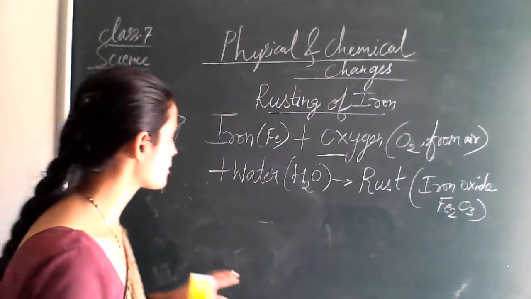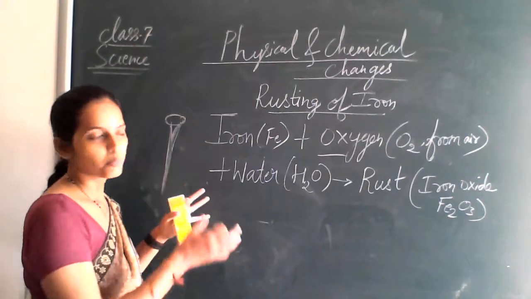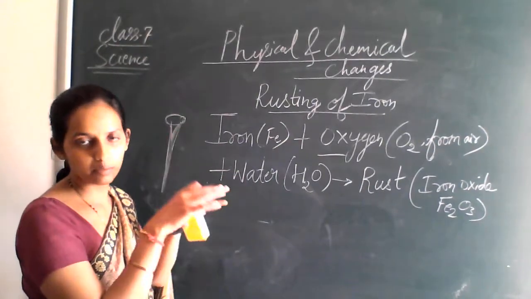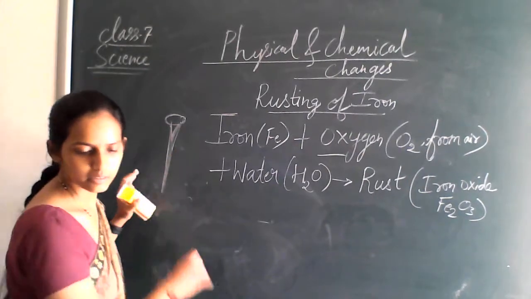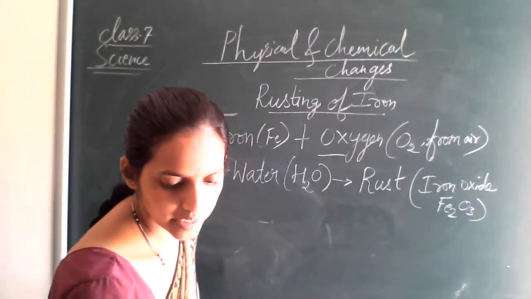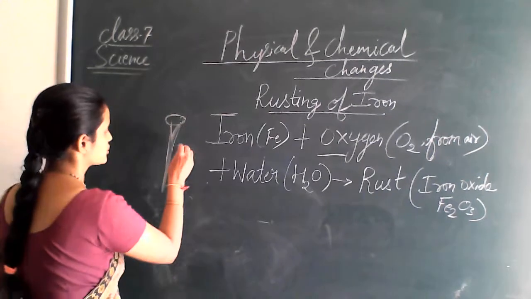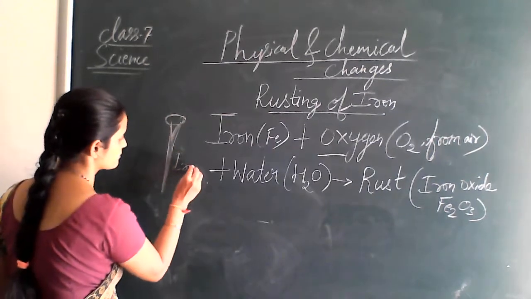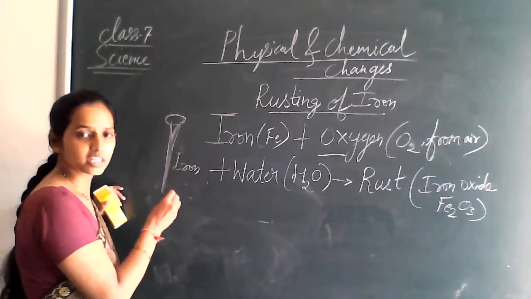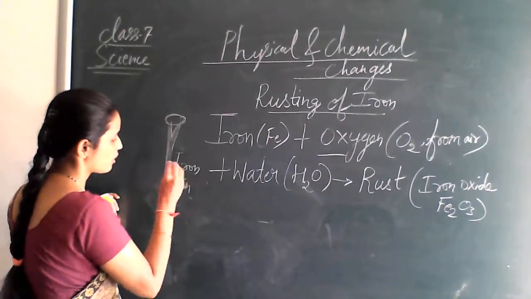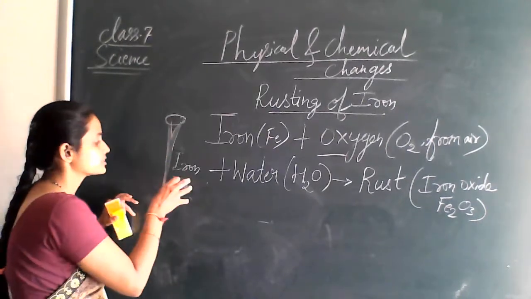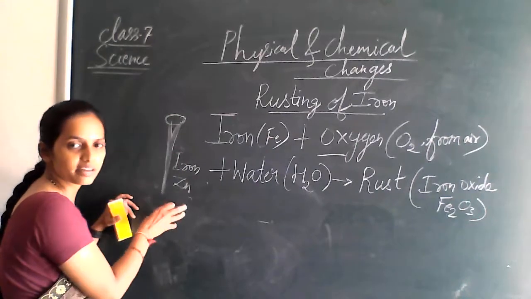Depositing means we are applying a coat, a protective layer to save this iron metal. So what are we depositing? Zinc. So it is your iron, and on this surface we are applying zinc, or we are depositing the zinc on the surface of this iron nail.